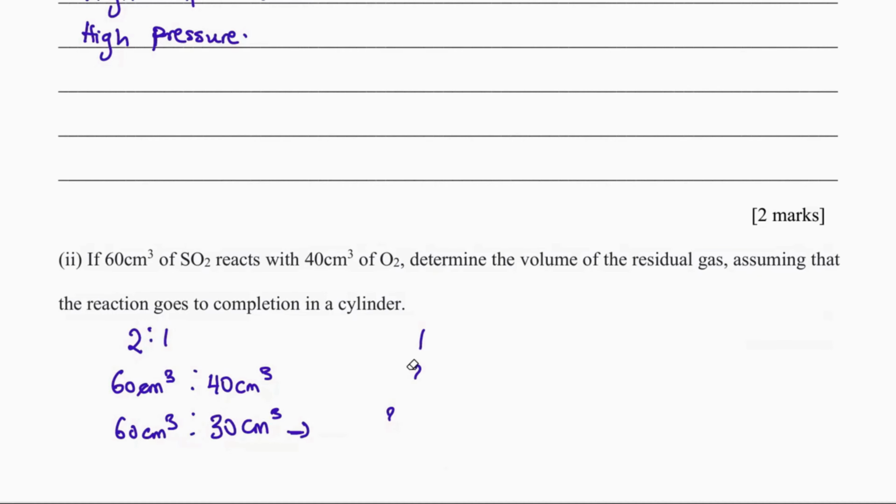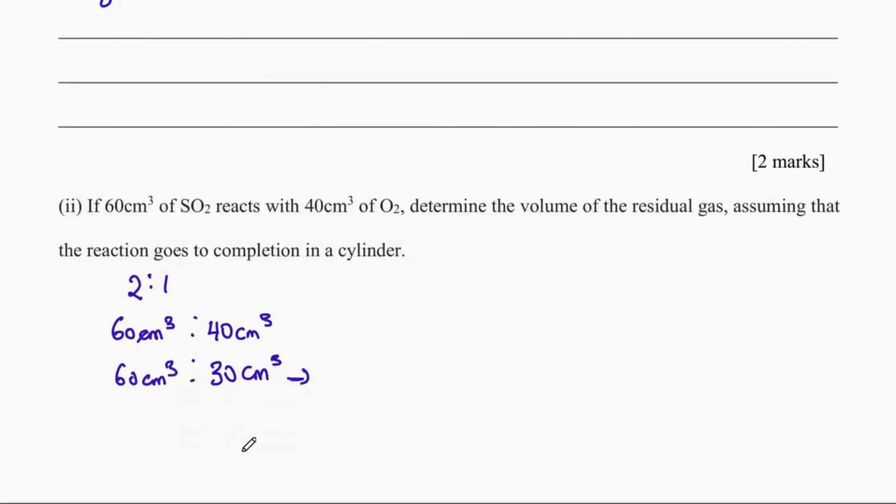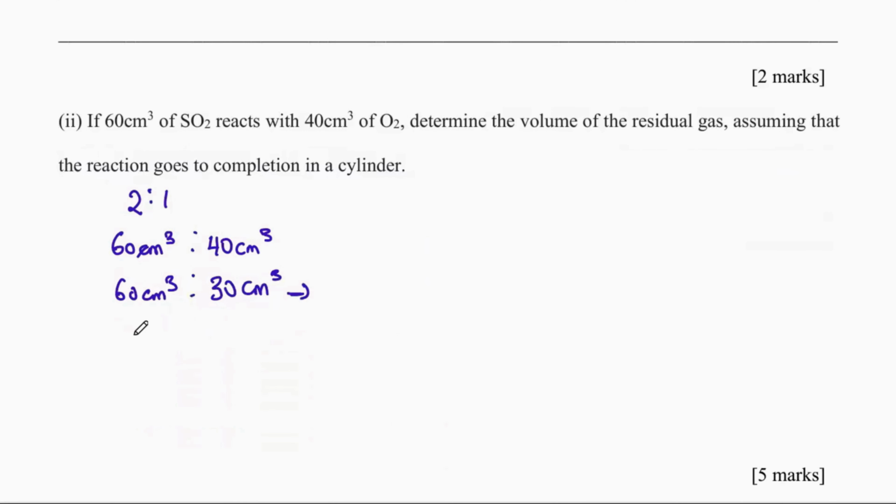So how we went from 30, which is what is supposed to be, to 40, is what we are going to use. This is based on the moles in a balanced equation.